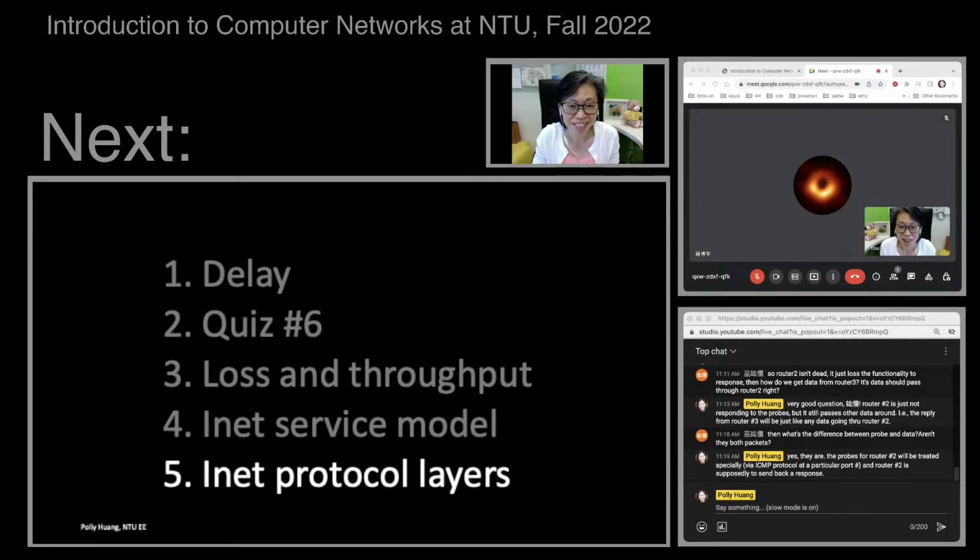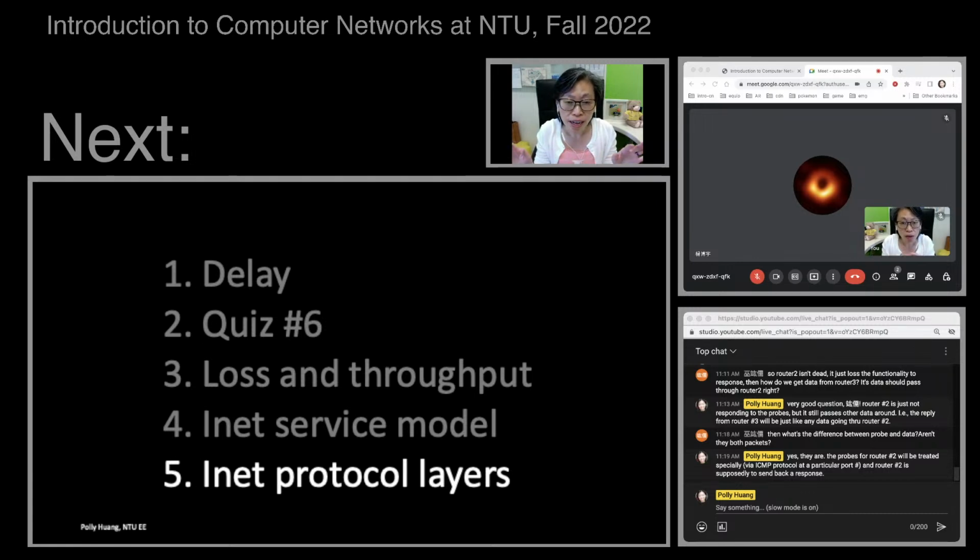So Hongru was asking a very good question. These are probes for router 2. They will be picked up by router 2's network layer. There's a protocol called ICMP. That protocol sees this packet is for router 2, and then it asks router 2 to send a response, unless the network administrator of router 2 turns that function off.